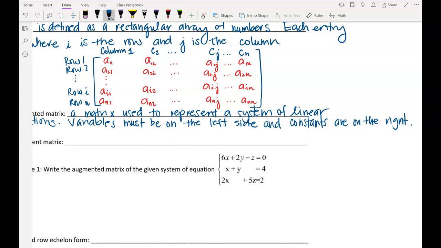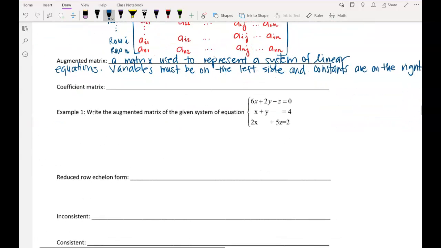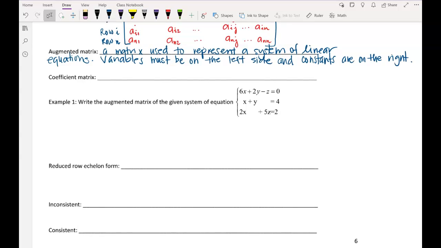Okay, so let's go and try to do example number 1. Example 1 says, write the augmented matrix of the given system of equations. So as you can see, you have 3 variables, 3 equations. It says here, variables on the left, constants on the right. So we have 6x, so we don't write the x with it, we just write 6.